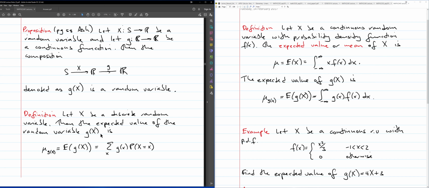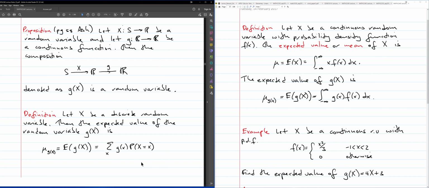This g of x is a function of your random variable x. For each possible value of x, you calculate g of x and then multiply it by your probability. The x and the probabilities come from the original random variable. What's changing is that instead of using x, you use g of x.